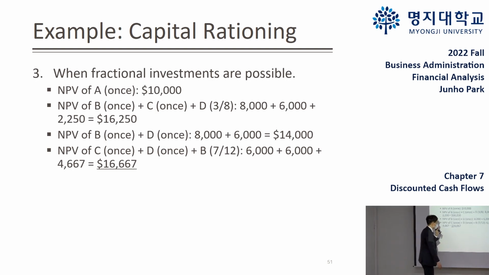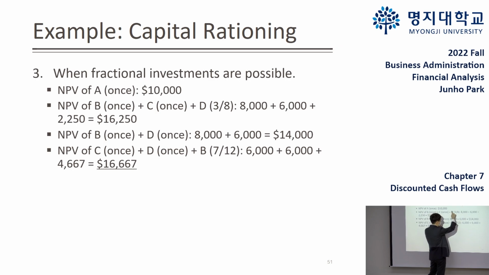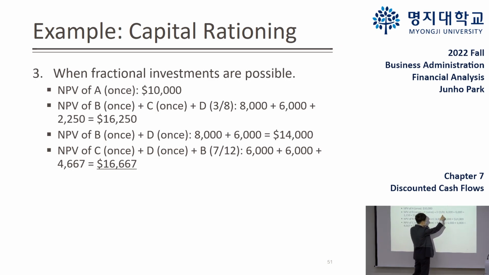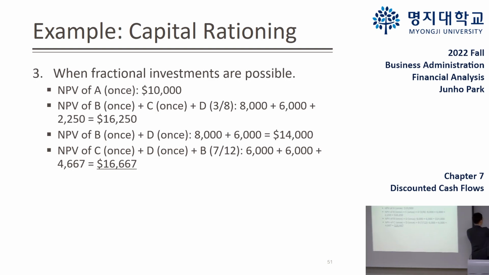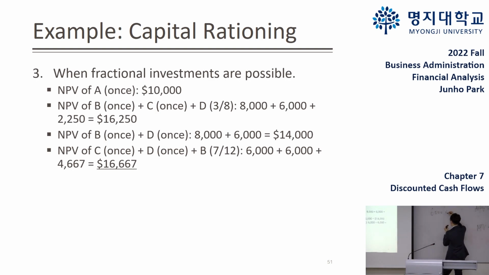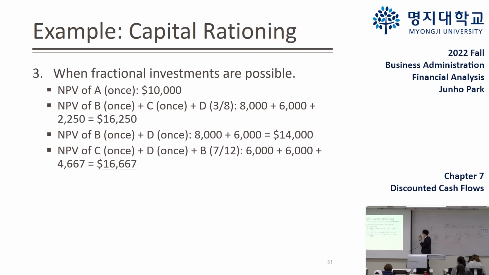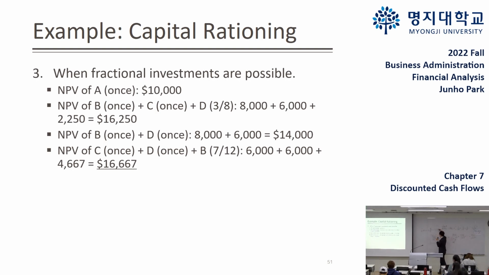And finally, in this case, you can think of the NPV distributed depending on your ownership. For example, if I invest 3 over 8 in D, because its NPV is 6,000, 6,000 times 3 over 8 will become 2,250.